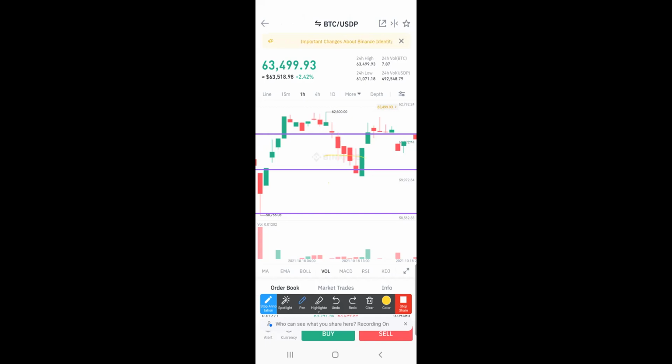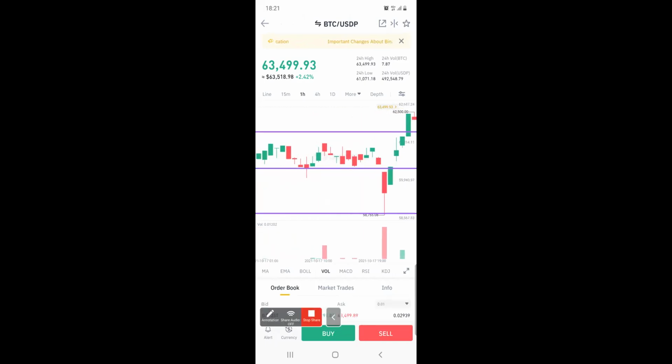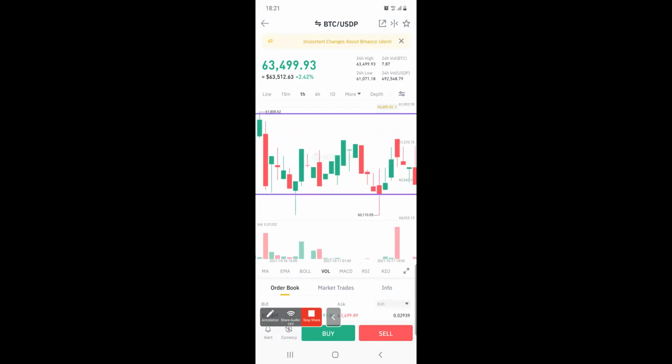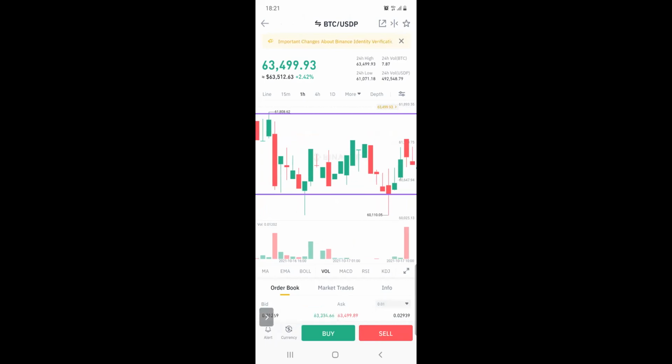So if you look at this, let's look for another engulfing candle that we saw today. Okay, I can see it.